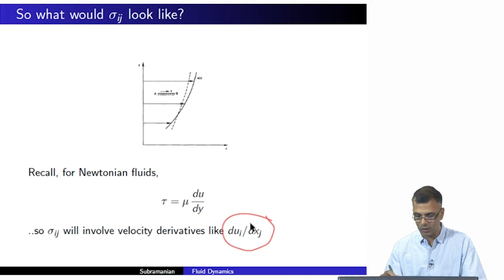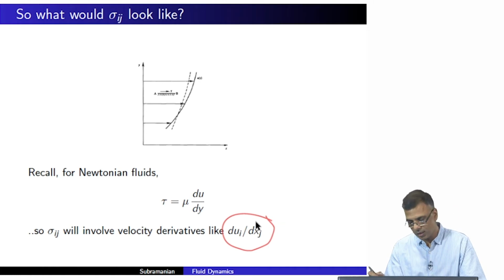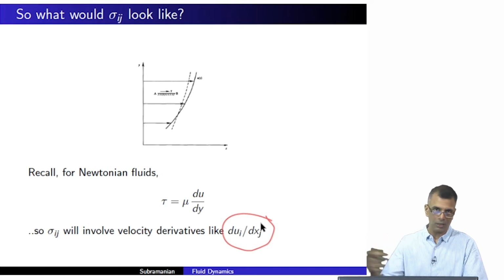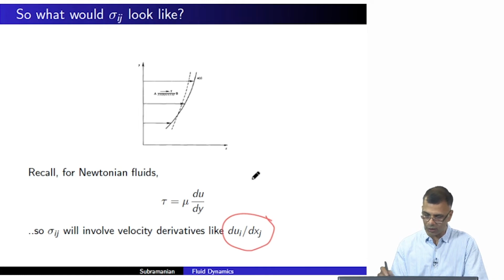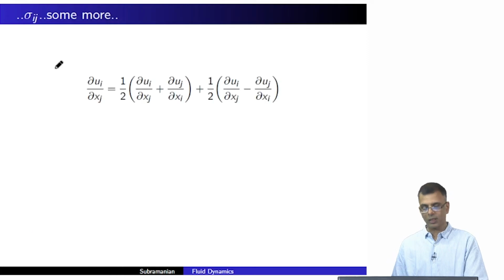So, for instance, this could be du_x/dy, du_y/dz, and so on and so forth. i and j can take on any of the x, y, z values, right? But the sigma ij will involve velocity derivatives of this kind, cross derivatives. If you have an x here, it would be a y here. If you have a y here, there could be an x here. There would be cross derivatives, right? So, this is a general way of writing it.